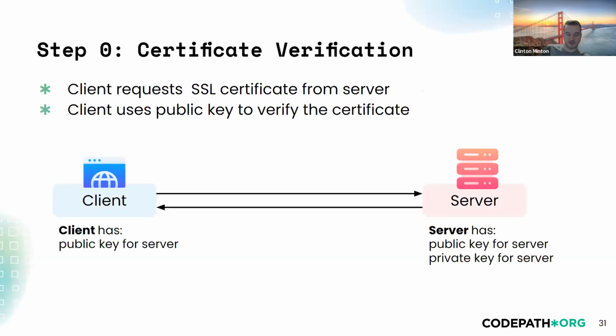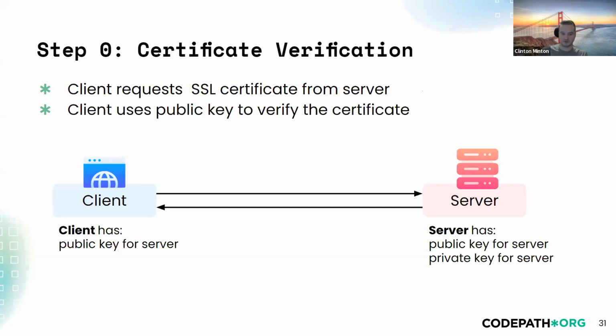So yeah, step 0: your client is going to be your web browser, like Firefox or Chrome. You're going to go to google.com or whatever, the server. The server is going to have the private key, and the browser client also has the public key. Firefox and Chrome automatically update these all the time, so they know which are the trusted certificates and how to verify them.